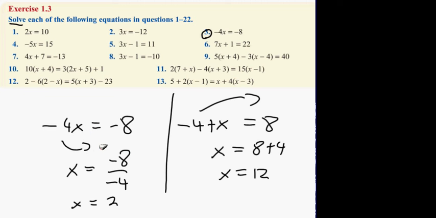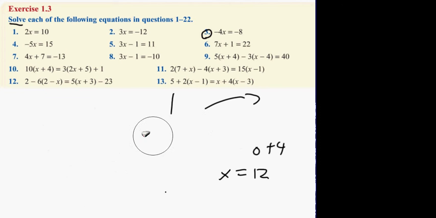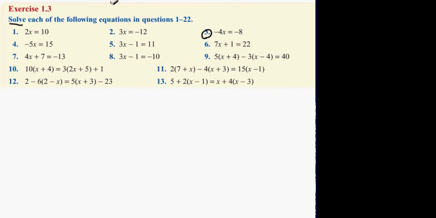Now, guys, to do these questions, we're also going to end up with something like, let's say, number 13. They might try and get you to do something like this. So what we're going to do with number 13 is just multiply out, and you're going to get 2x minus 2, and then you're also going to get x plus 4x minus 12.